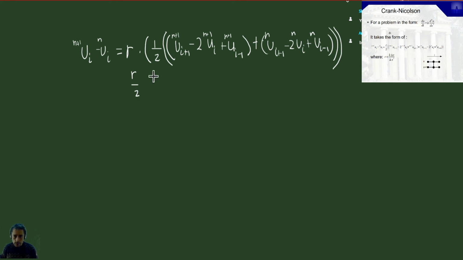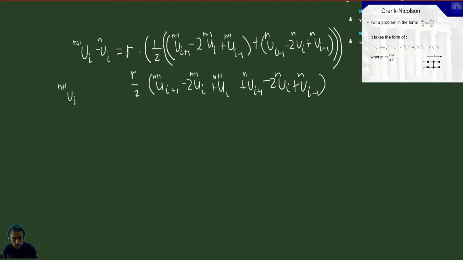So r over 2 times u_(i+1) minus 2u_i plus u_(i-1), and these are all n+1.